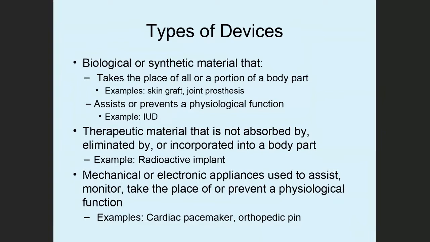Now, the biological or synthetic devices have 2 different types. Some take the place of all or a portion of a body part, such as a skin graft or a joint prosthesis. Others assist or prevent a physiological function, such as an IUD, which of course prevents pregnancy. And I'll talk about each one of these in turn.